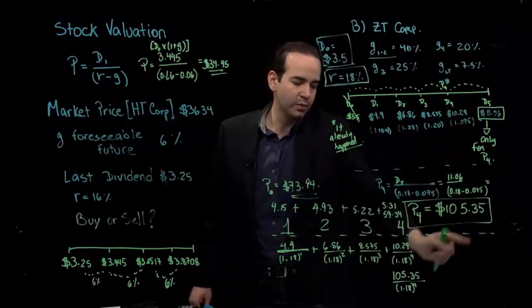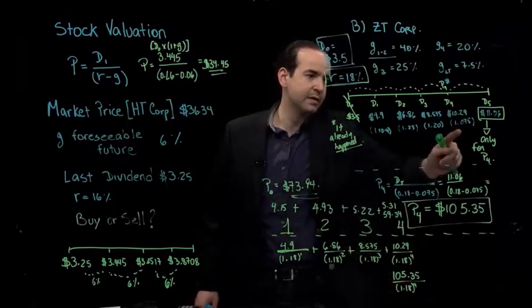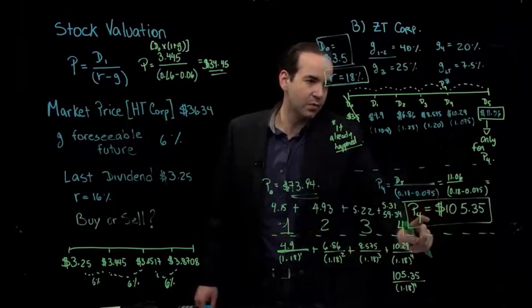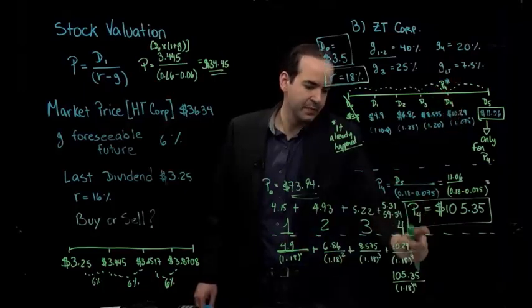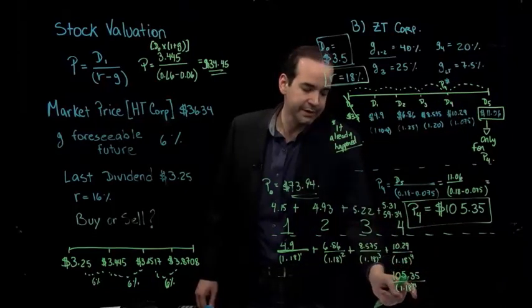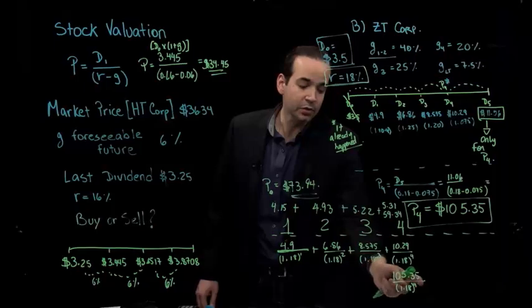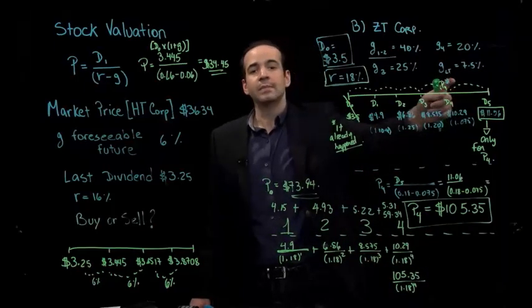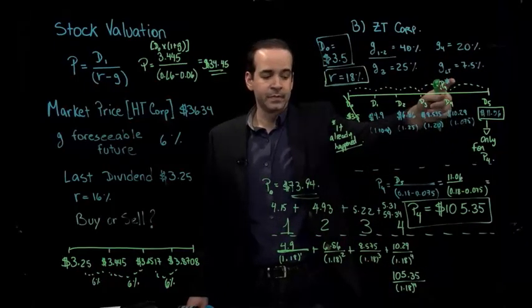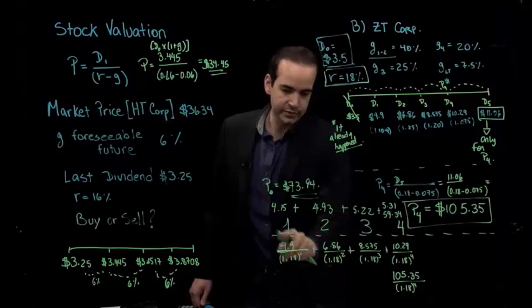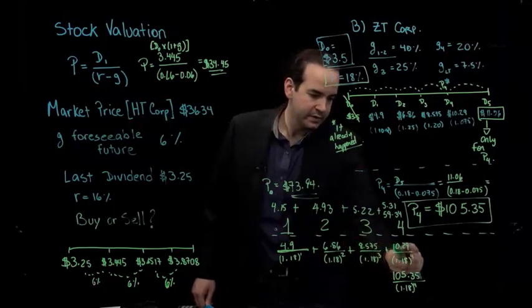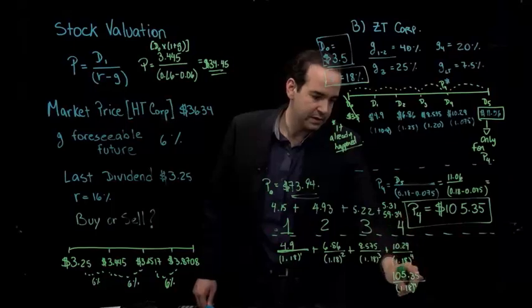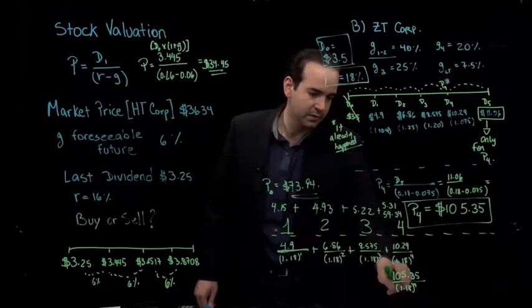So at this point, we will also add this 105, which is P4, which is the price of a stock at P4. And we will also discount it 1.18 to the power of 4, because this is also happening in the fourth year. These values give us these outcomes. This is the fourth dividend, and then this is the price of a stock at year 4.